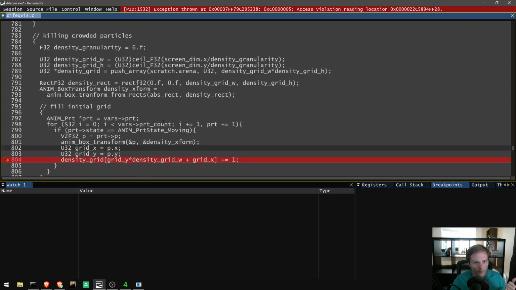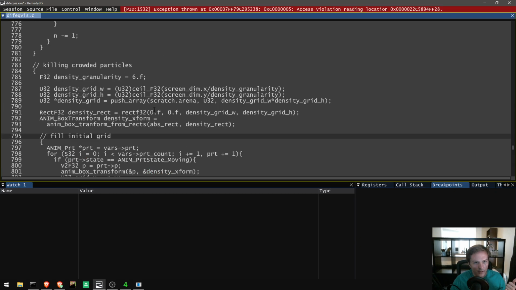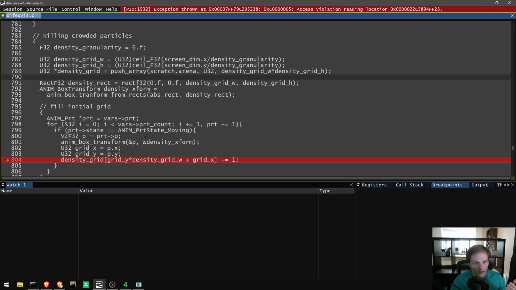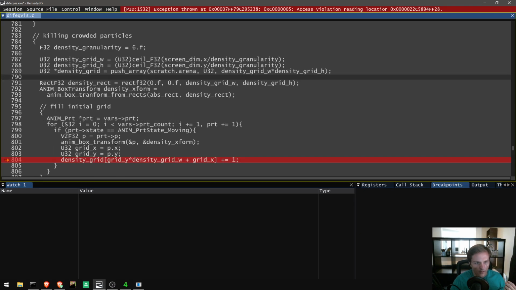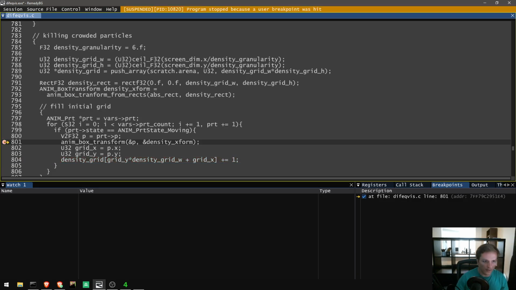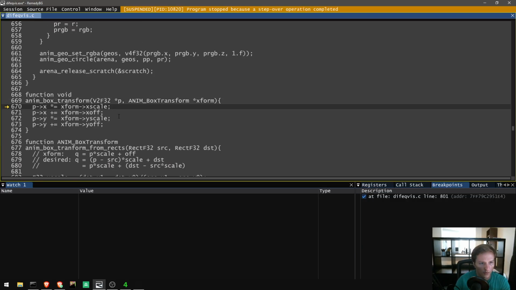Okay, so our problem here seems to be that we're getting a negative value for p. Which shouldn't be happening, because it might be because we're flipping the y-axis, though. Let's take a look. It looks like something might be happening that we don't want.